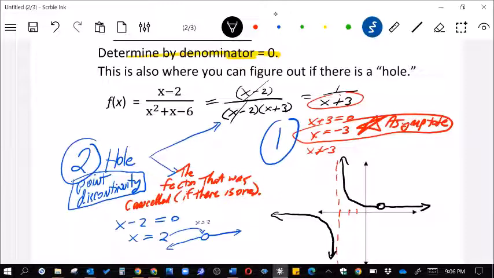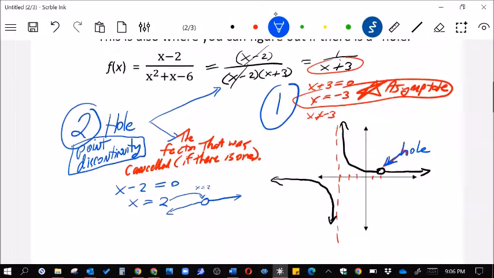The hole is the one point you have to jump over. I suppose I should do this and this to show that's supposed to be 2 there. So, I get that in blue over there, so let's do it in blue. That's the hole. Okay, our point discontinuity. Make sure you're comfortable with recognizing that and using it when you need to use it.